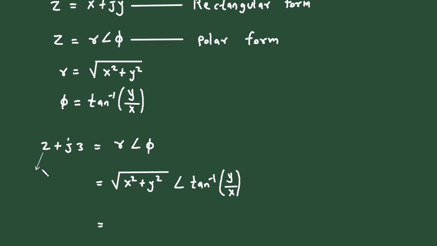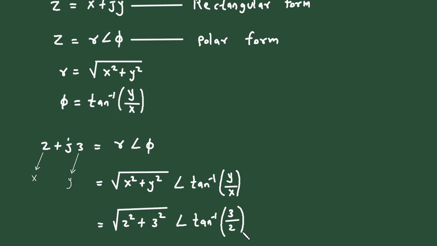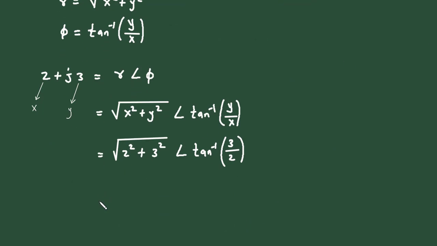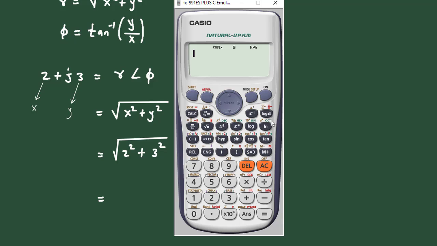So this 2 is the value of x, 3 is the value of y. So under root of x square is 2 square, y square is 3 square, at an angle tan inverse of y by x. The value of y is 3 and the value of x is 2. So this will be under root of 2 square plus 3 square.